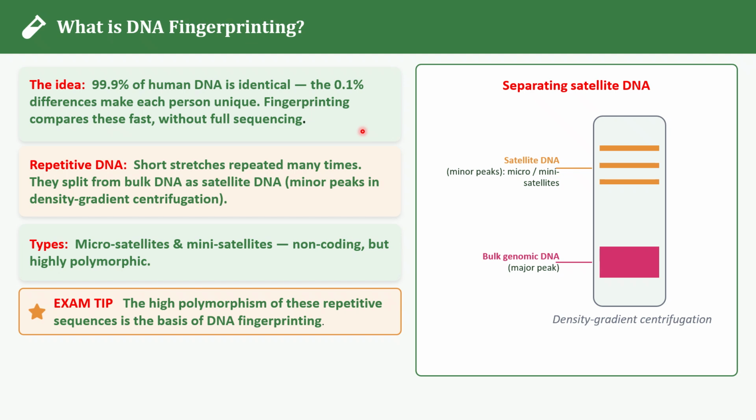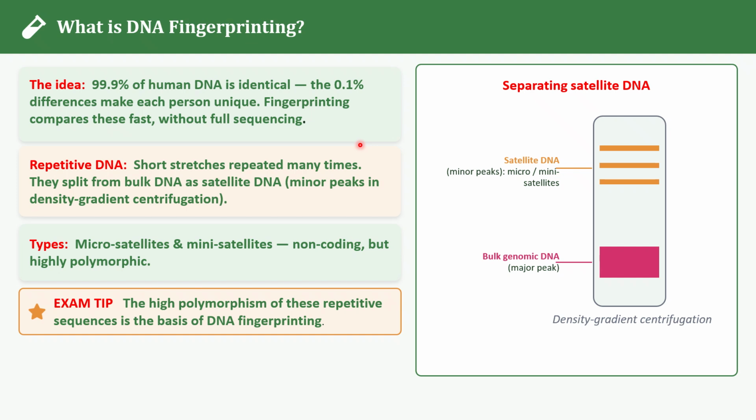Let us think of human DNA as a very large book. Most pages are almost identical in everyone. Only certain pages contain the differences, and DNA fingerprinting focuses on these highly variable regions instead of comparing the entire DNA sequence.